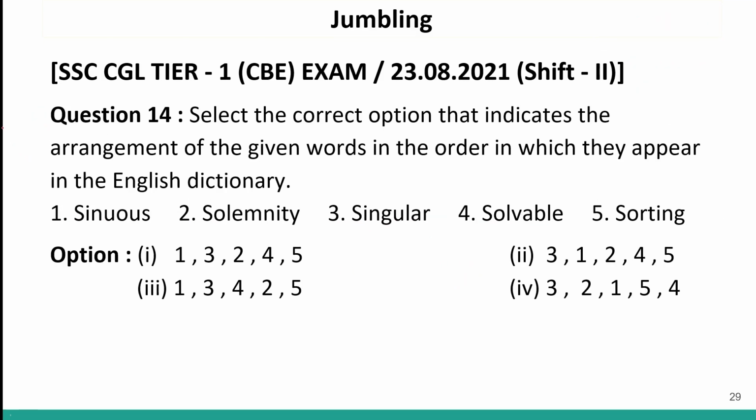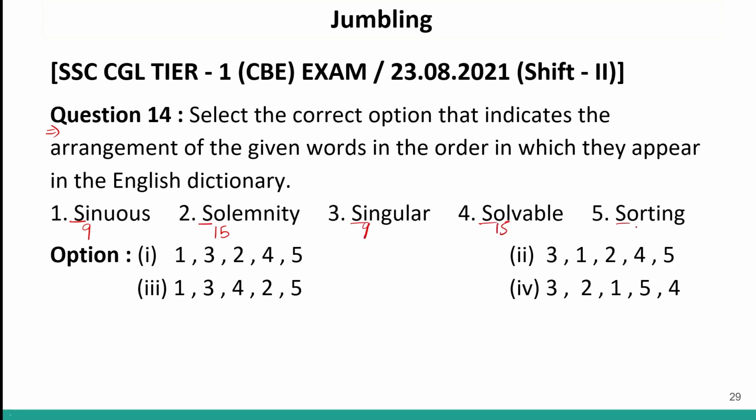Now, question number 14 again. Sinus, solemnity, singular, solvable, and sorting. Now, I can see that S is common in all. So we'll move on to the next word. I is 9. O is 15. I is 9.